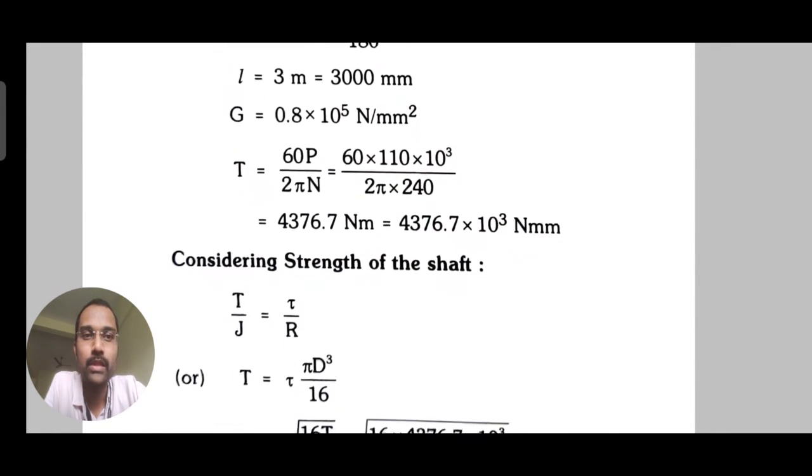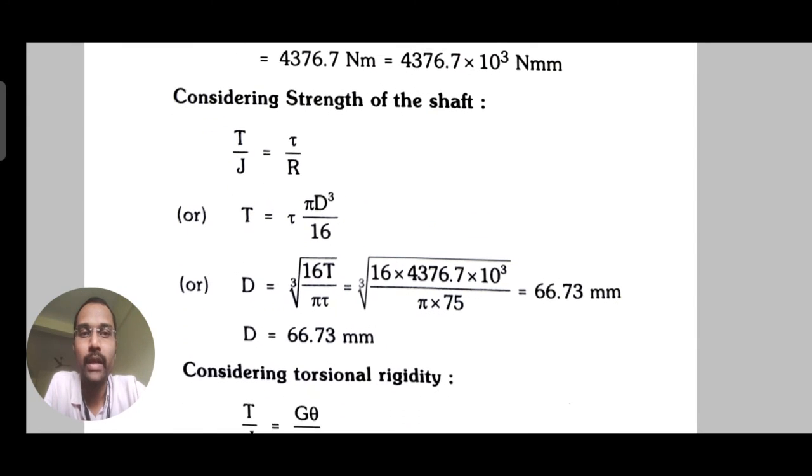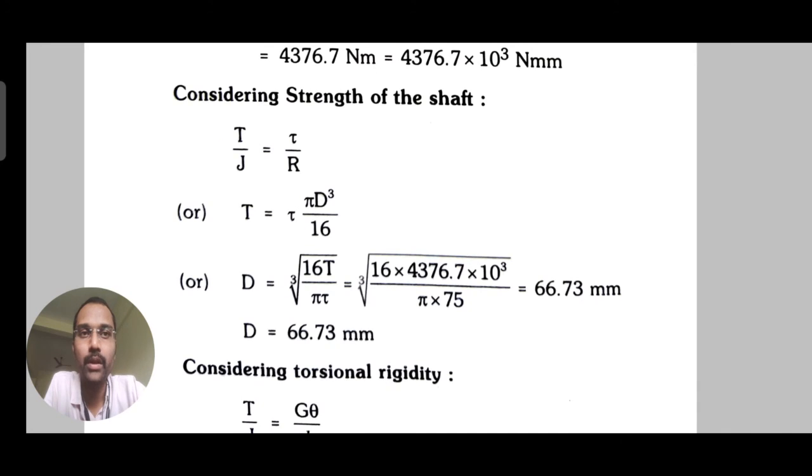Again the same procedure. All these things we have already discussed a number of times. Considering the strength criteria, the formula can be written as torque equal to tau into pi d cube by 16. So d can be found, because we already found the torque here, that is 4376.7 into 10 to the power of 3.